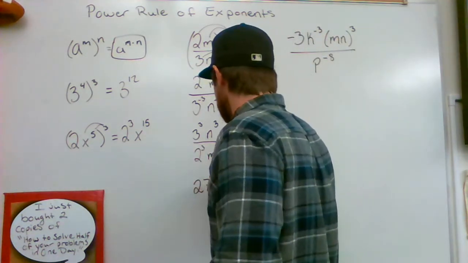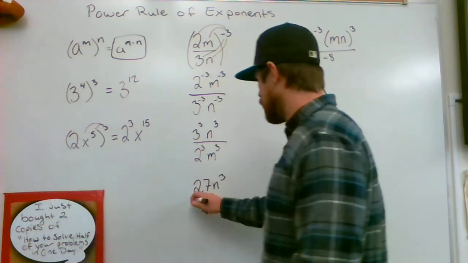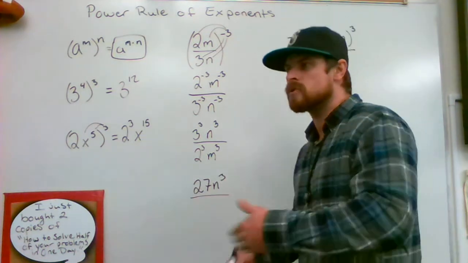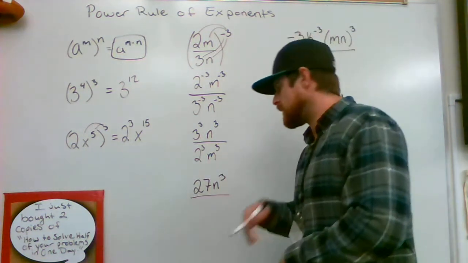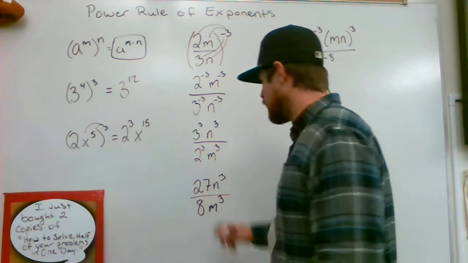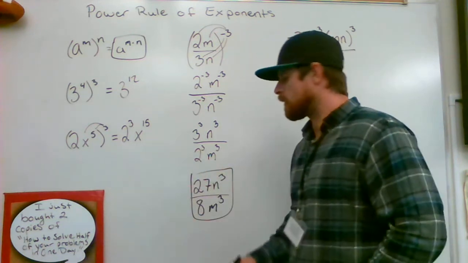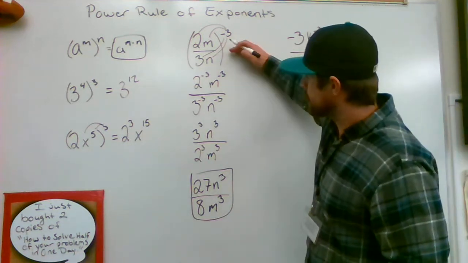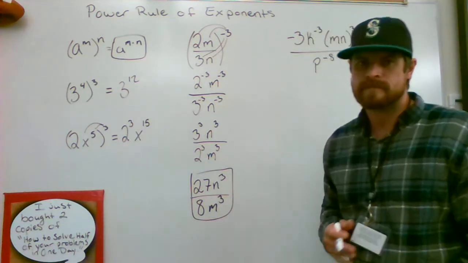So I'm going to get 27 n to the third over 2 to the third power, which is 2 times 2 times 2. 2 times 2 is 4. 4 times 2 is 8. 8 m to the third. We now have our simplified expression going from the top to the bottom.